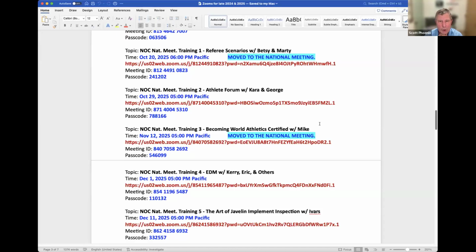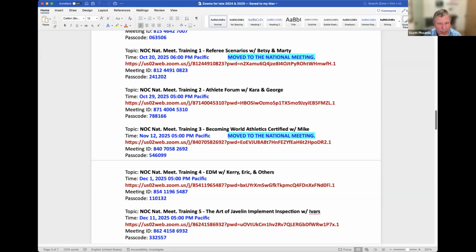We've moved to the national meeting because I had gotten belated word that there were indeed going to be 2 slots available. So the referee scenarios and becoming World Athletics Certified will both be at the national meeting. You do have to be registered for it to participate in these. There's a Zoom price for those of you who are not attending the national meeting. That is $150 to attend the meeting by Zoom.